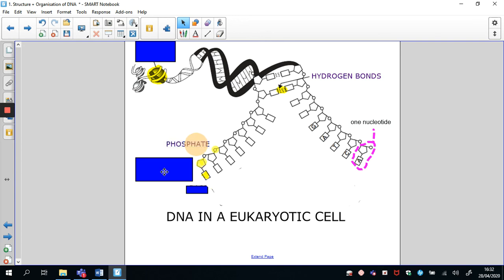The pentagon is a deoxyribose sugar, and this rectangle is a base. And this circular thing that the DNA is wound around is a histone. I put in brackets here protein because histones are proteins, and often the question will say, what do you call the protein that the DNA is wound around?